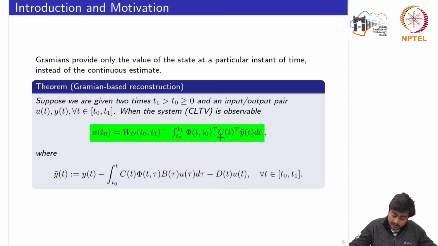C is already known to us and y tilde is computed by this. So we can directly compute y tilde because we have knowledge of all the matrices and the signals. This formula was written for the time variant case, but you can also compute it for the time invariant case, right?